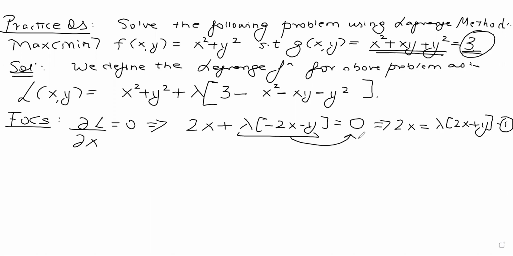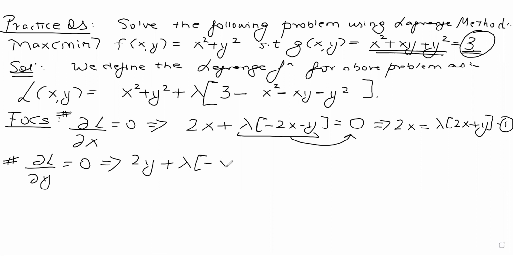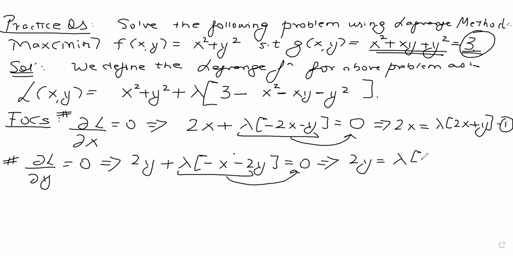Then, similarly, I can write my next first order condition, del L by del y equal to 0, which implies 2y plus lambda times (minus x minus 2y) equal to 0. Again, this whole term can be taken to the right hand side. We get 2y equals lambda times (x plus 2y). This is nothing but equation number 2.